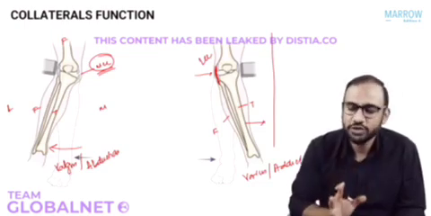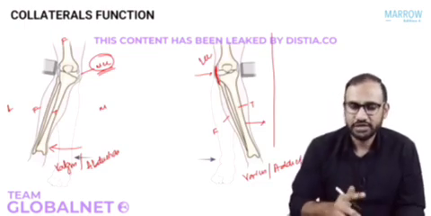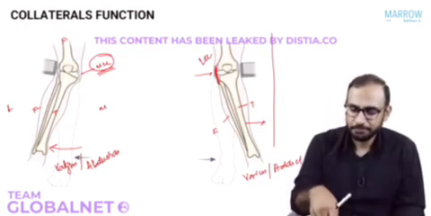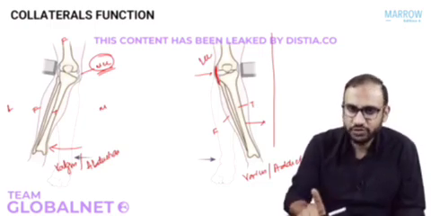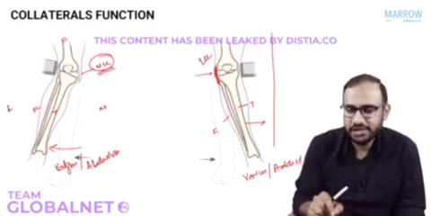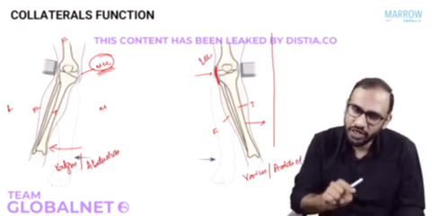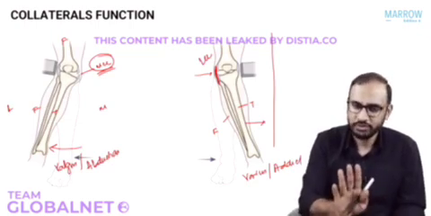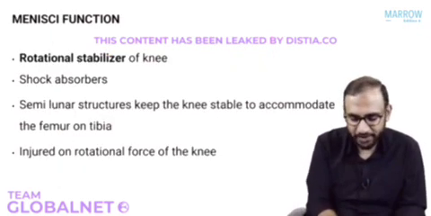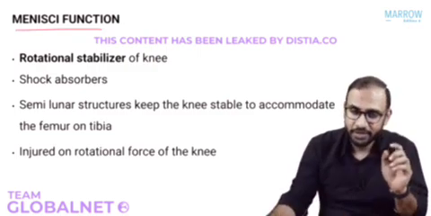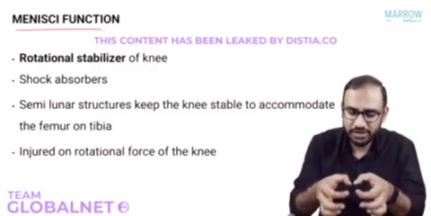Okay. So what is the function of collaterals, friends? Collaterals are coronal plane stabilizers. MCL resists valgus force or abduction force. LCL resists varus force or adduction force. Okay? Slowly, baby steps. Now menisci. What is the function of menisci? Menisci are these semilunar cartilages sitting over the tibia.